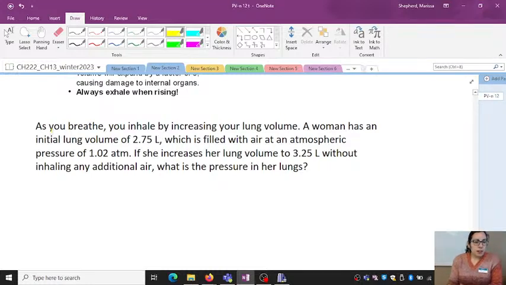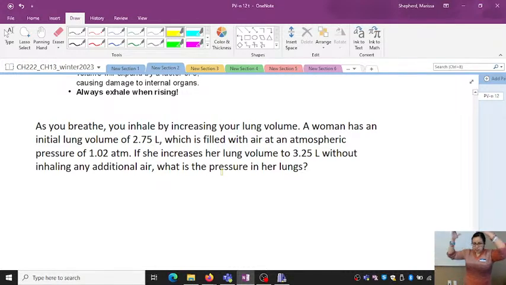A woman has an initial lung volume of 2.75 liters, filled with air at atmospheric pressure of 1.02 atm. She increases her lung volume to 3.25 liters without inhaling any additional air.